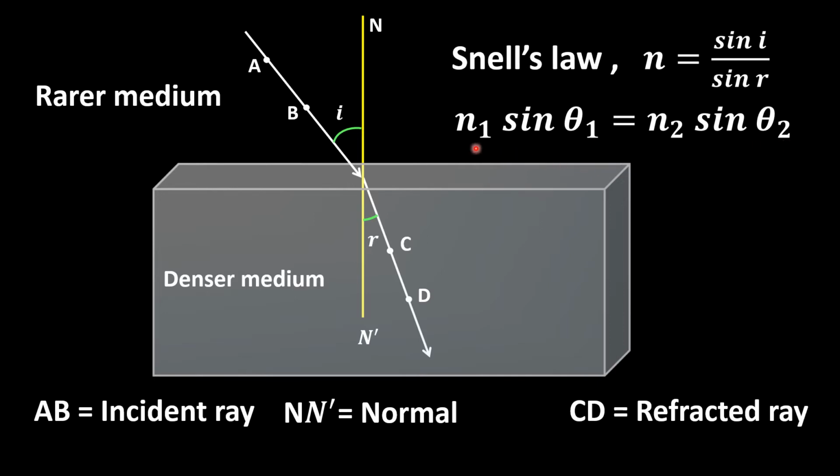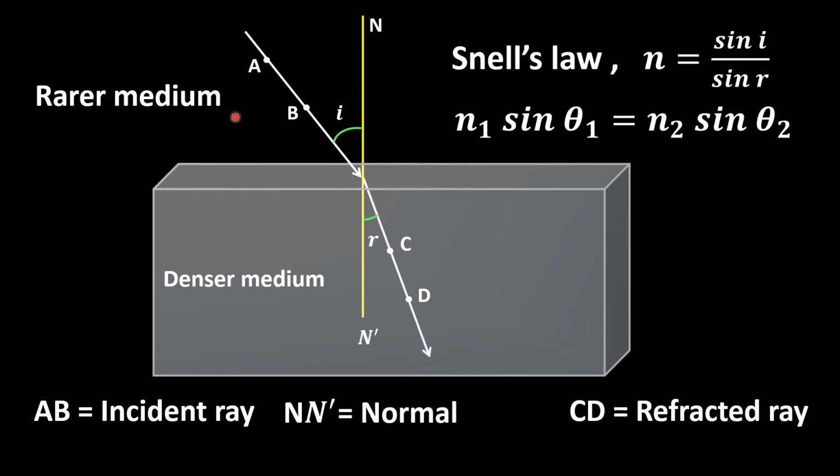Remember, n1 is the first medium, that is, from the first medium only the ray starts and enters into the second medium. So wherever the ray enters into the second medium, the refractive index of that medium will be taken as n2, second medium.